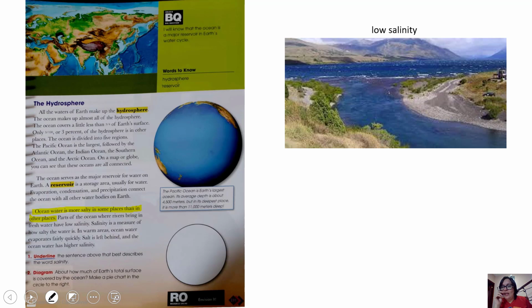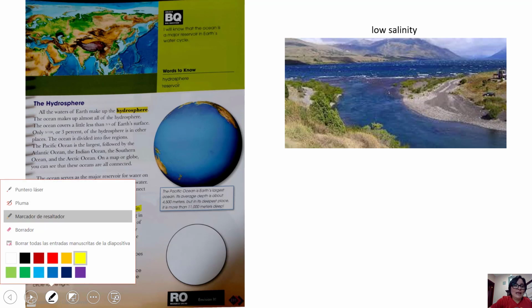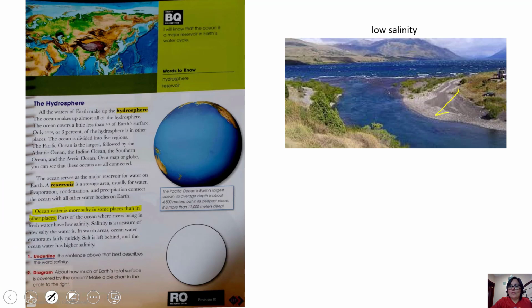Ocean and also river, right? If you see here, this part of here, it's a river. And the river is entering the ocean. Here we have fresh water entering the ocean.